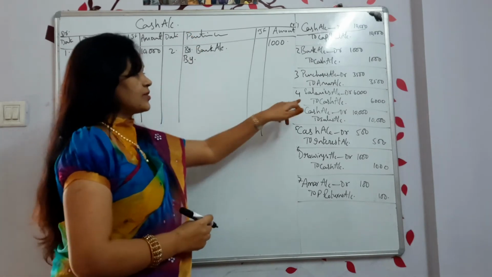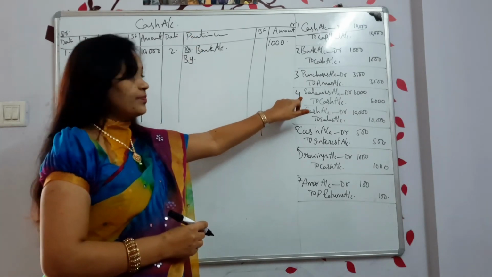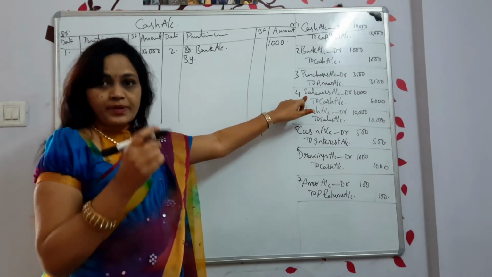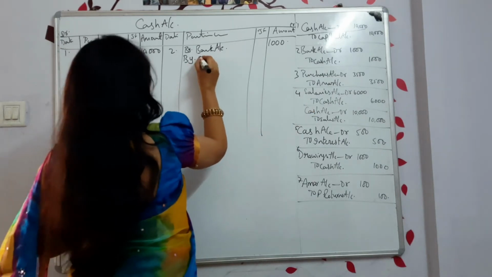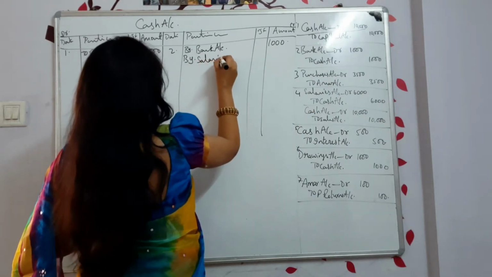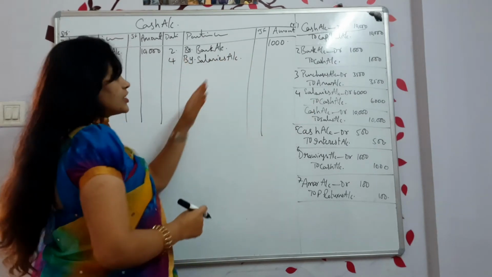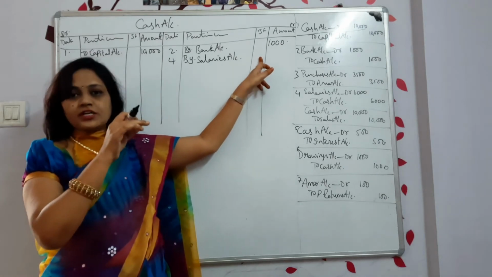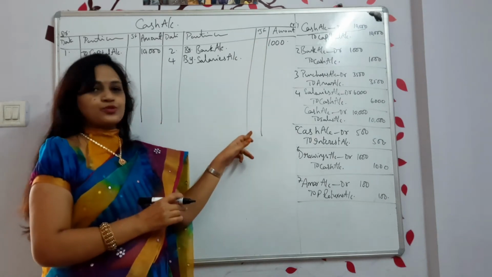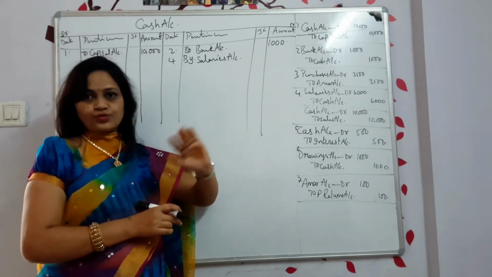What will we write? For what did we pay? We have paid this for the payment of salaries. So I need to know that. So I am writing the transaction. Journal folio, the page number on which the journal was there, is what we are supposed to write. Here we don't have anything, so we are not using that one.